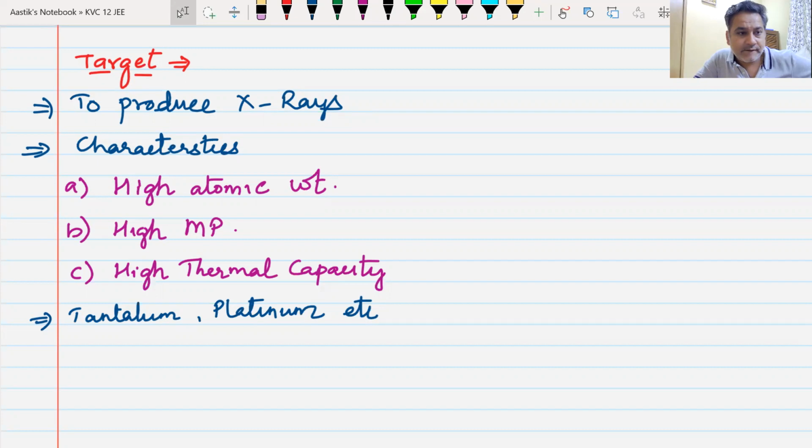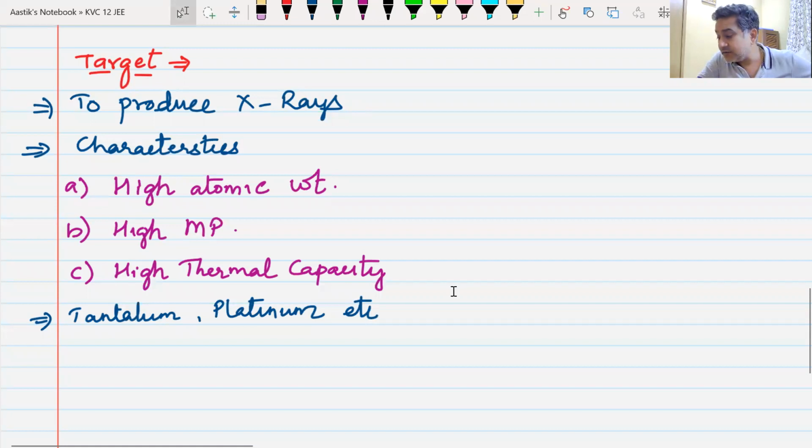Have we noted it down? Yes, sir. Then there are two types of X-rays that we would encounter.